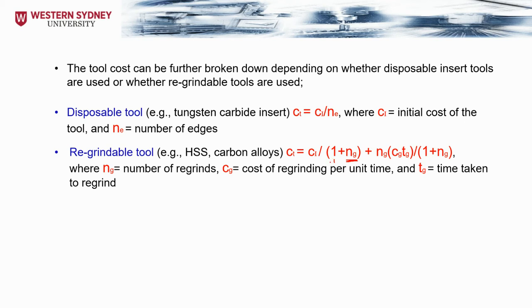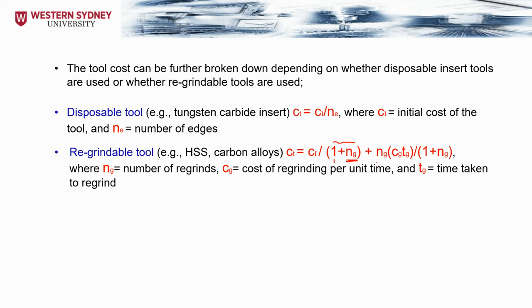So that means that the total number of useful edges is going to be 1 plus number of the grinded numbers.